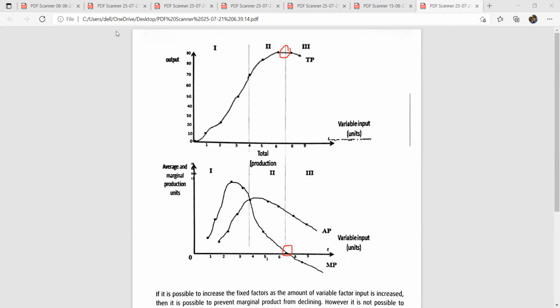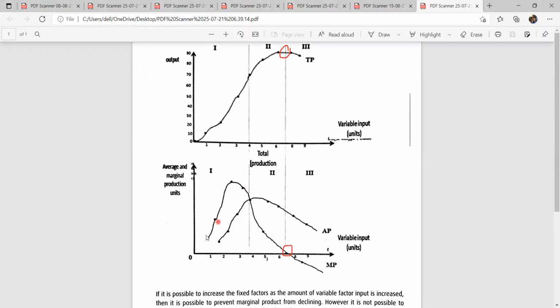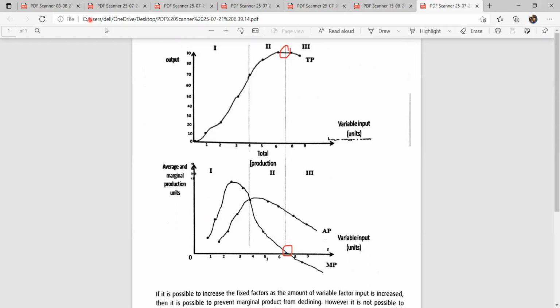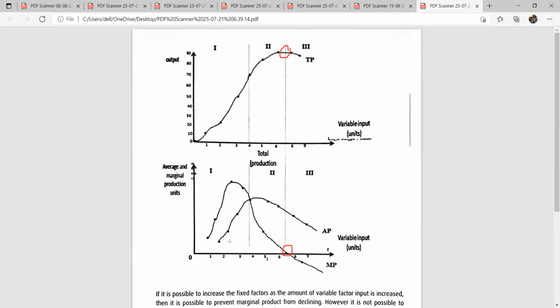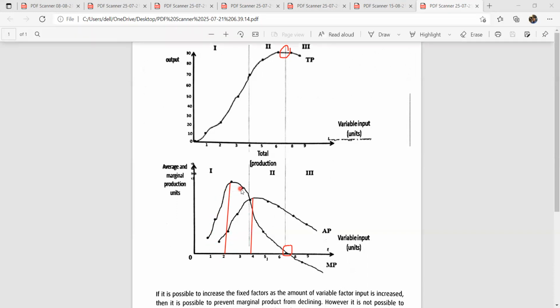Marginal production increases quickly and is highest when the second worker is employed. As well, when the fourth worker is employed, average production is highest, and our marginal production goes through the maximum point of the average production.